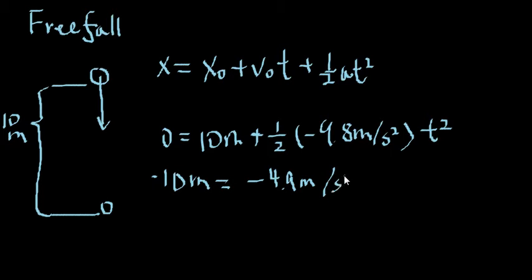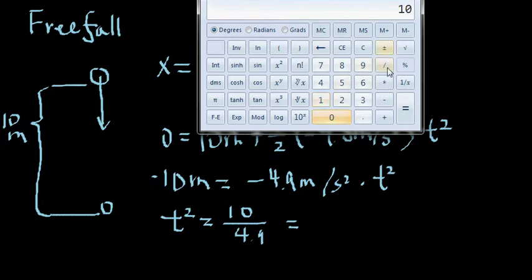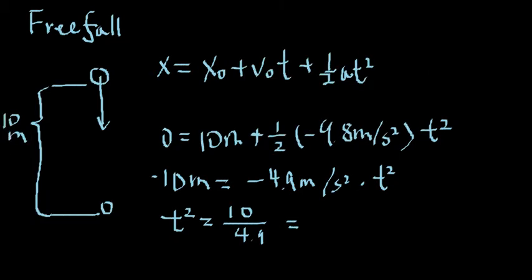So t squared just equals, we divide both sides by negative 4.9, so it equals negative 10 divided by negative 4.9, which is 10 divided by 4.9, which is approximately 2.0408.